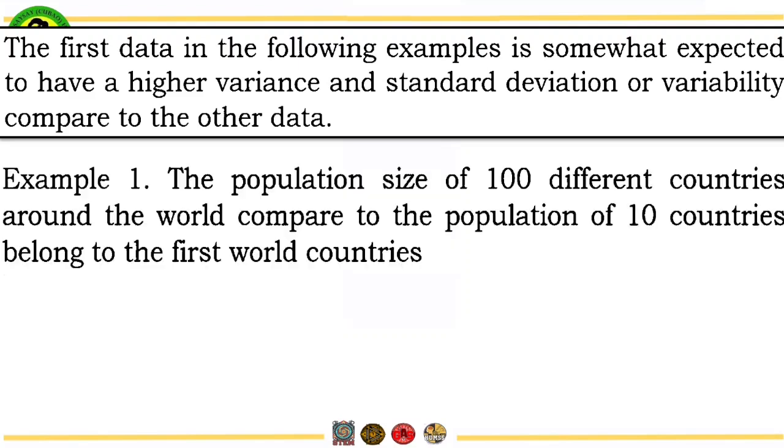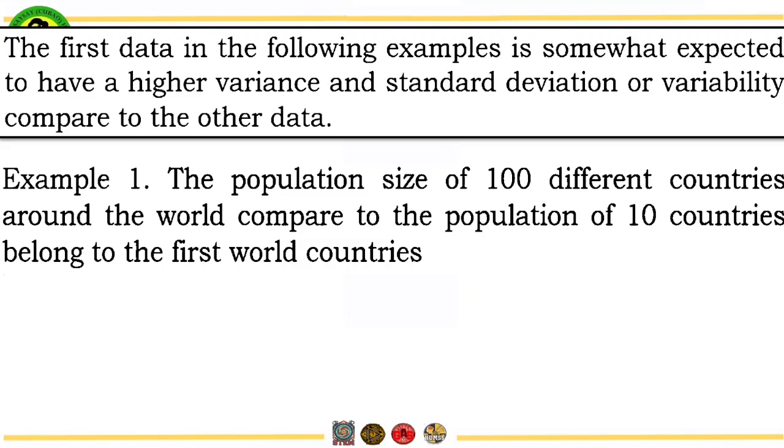So first situation, example number 1: the population size of 100 different countries around the world compared to the population of 10 countries belonging to the first world countries. So example number 1 is comparing the population size of countries around the world.